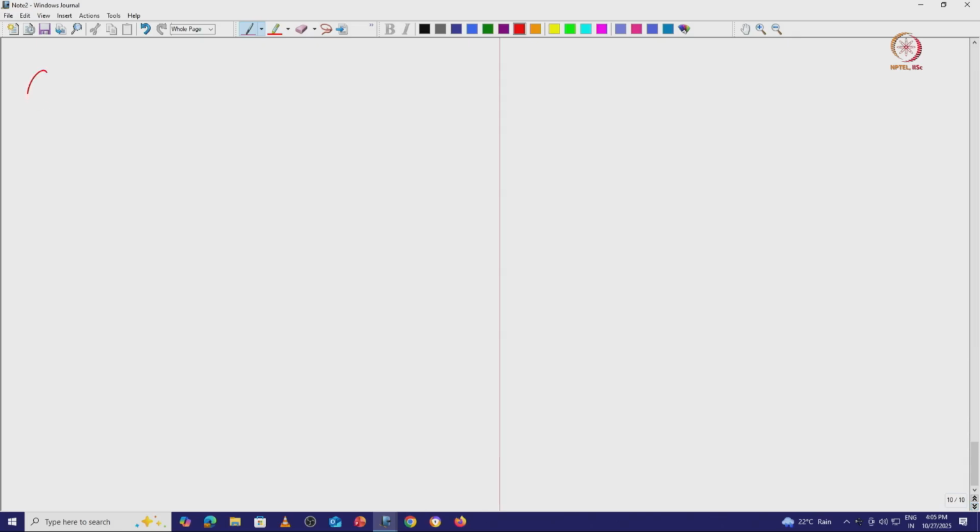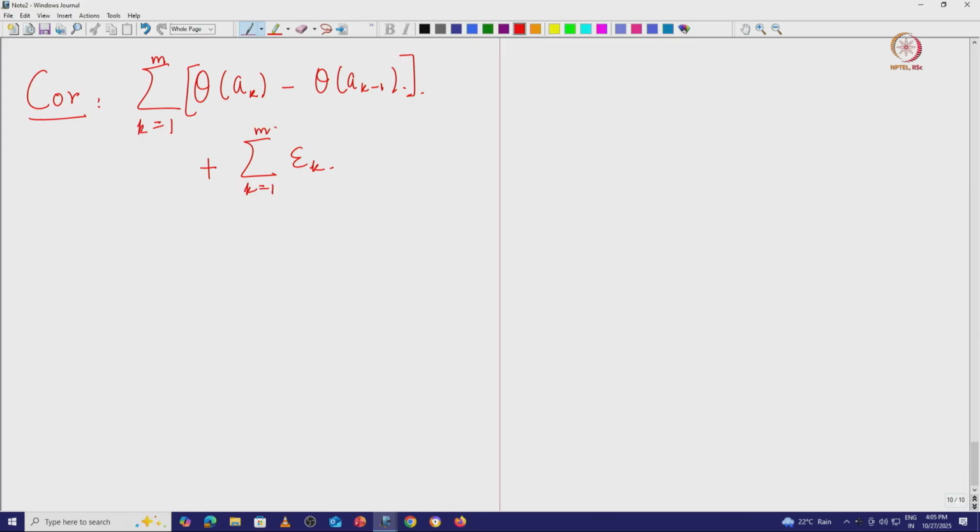So, now a corollary of this is simply that if you take these differences, and add on the external angles, so I should be a bit careful.